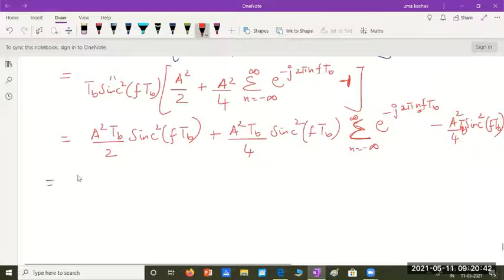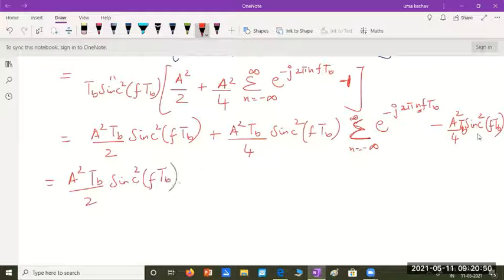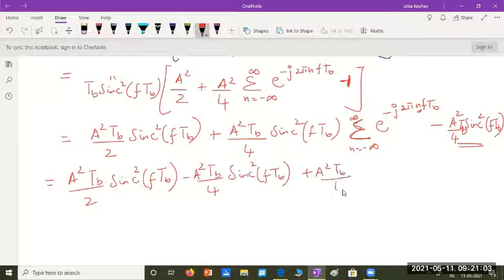So what will I get when I simplify? The first term and this last term. I'll bring this term outside, means this will be minus a square tb by 4 sinc square ftb plus a square tb by 4 sinc square ftb into summation n is equal to minus infinity to plus infinity e to the power of minus j2 pi nf tb.